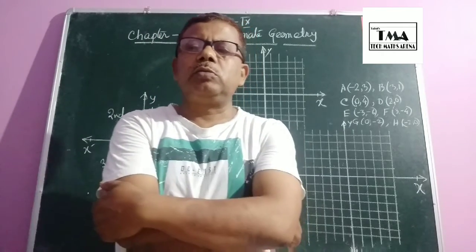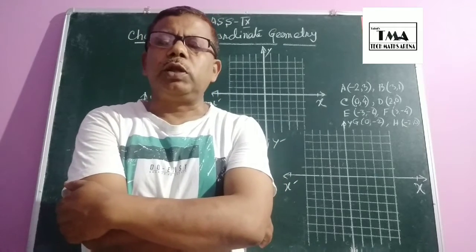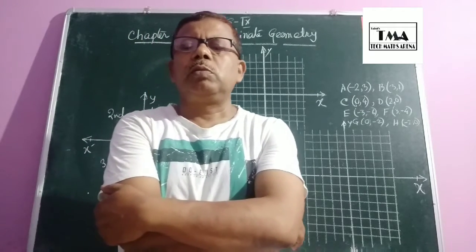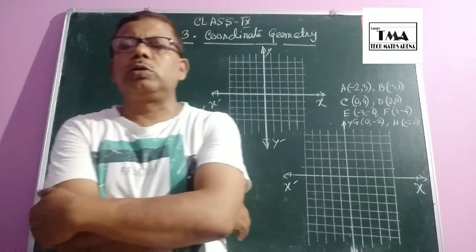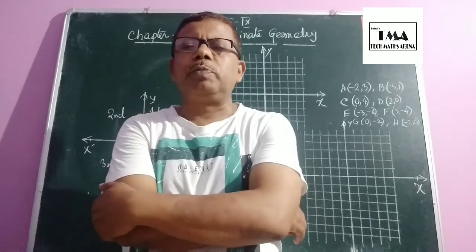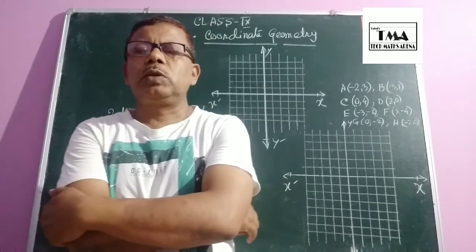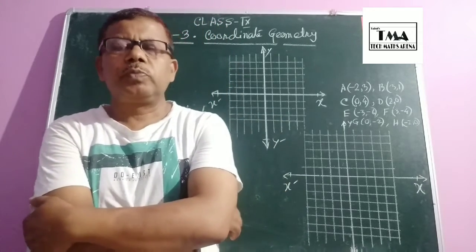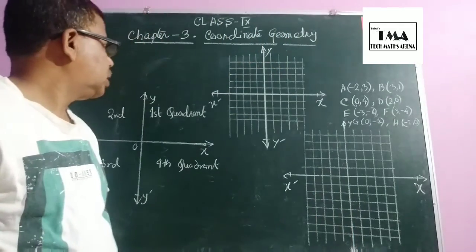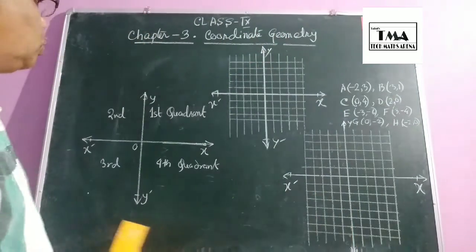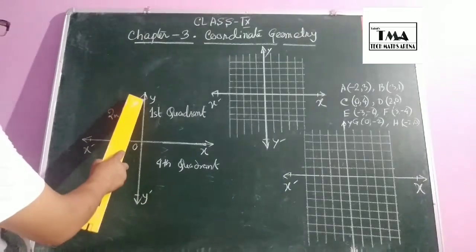He represented the point in a plane by ordered pairs of real numbers, which is called a coordinate pair. Here on the board you have seen two mutually perpendicular lines.